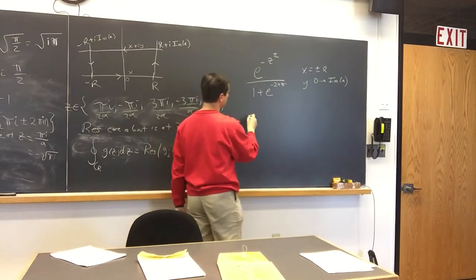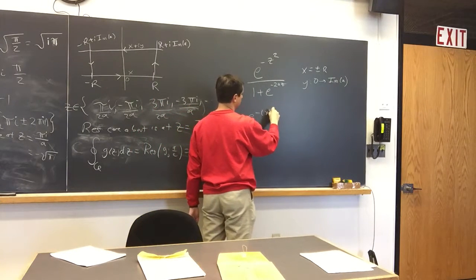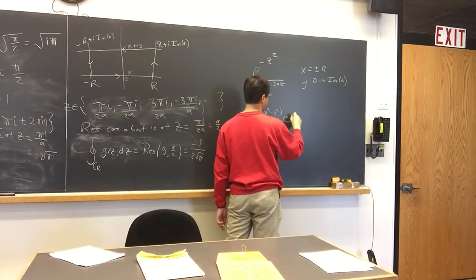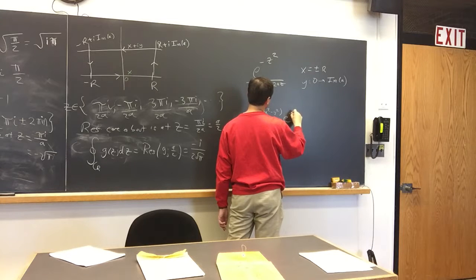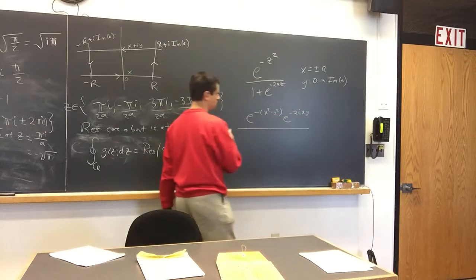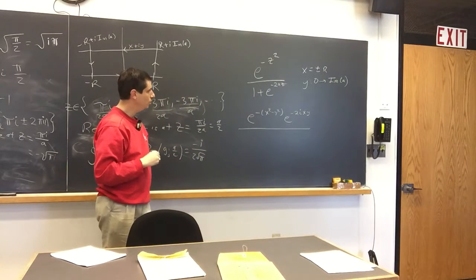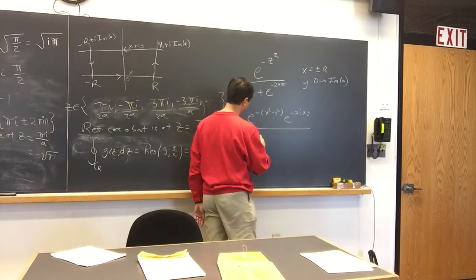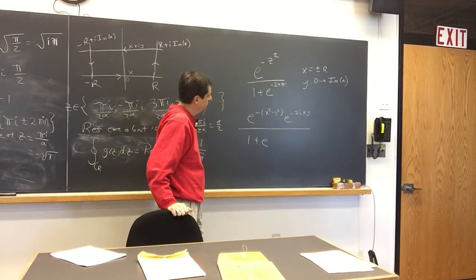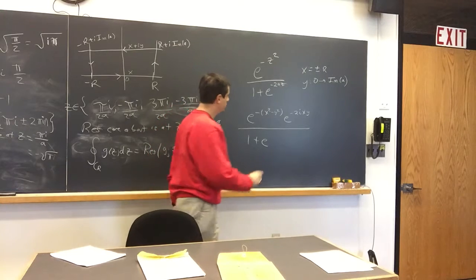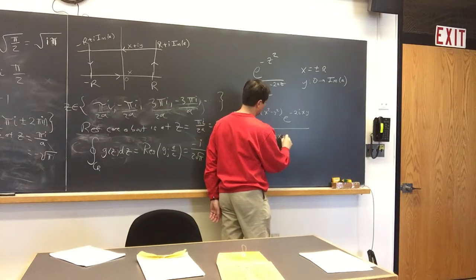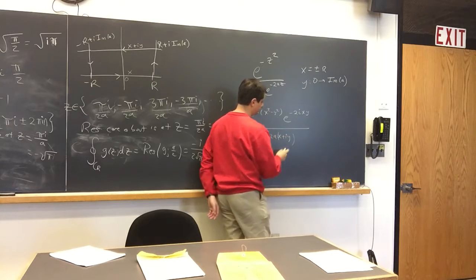The e to the minus z squared, we get an e to the minus x squared minus y squared, e to the negative 2i xy. And then down below, we have 1 plus e to the minus 2az. Z is going to be x plus iy, so it's going to be minus 2a times x plus iy.